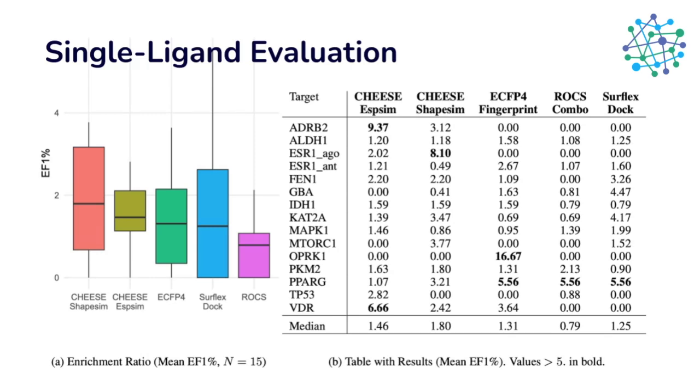We can also see in bold the targets where the mean enrichment factor for 1% is higher than 5. So there are some cases, for instance the very first target, where only CHEESE finds some active compounds, and then there are also other cases. We can discuss it in the discussion, if there are any follow-up questions.